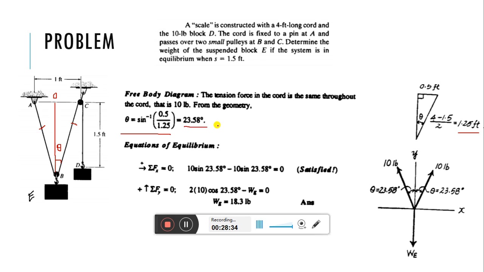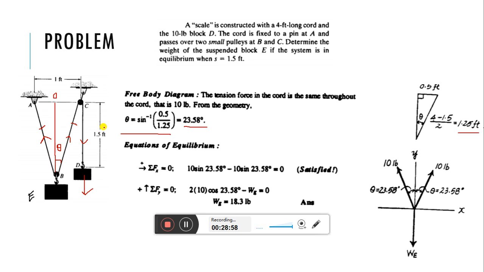Now once you have this angle, you can put it in the free body diagram. Okay, you need to draw the free body diagram at point B. So two forces are there. Now this is 10 pounds. So if this is 10 pounds, tension here is also 10 pounds, here is also 10 pounds.